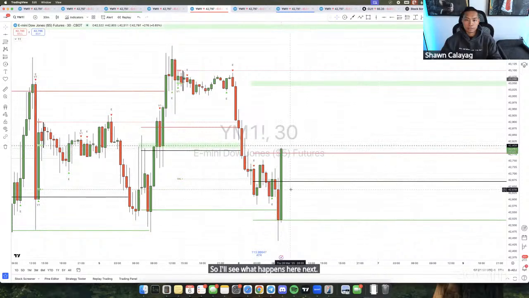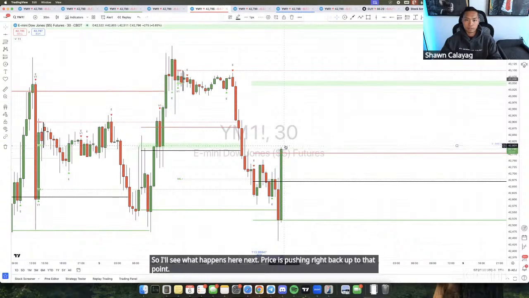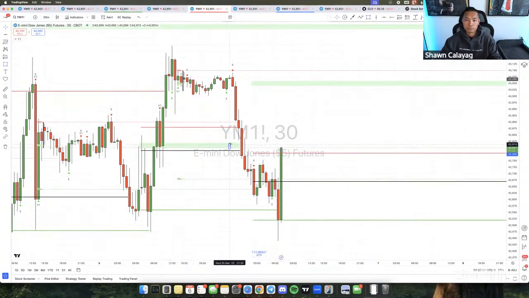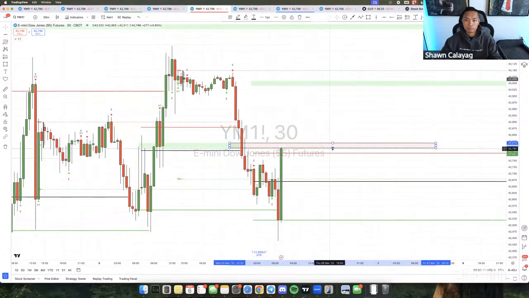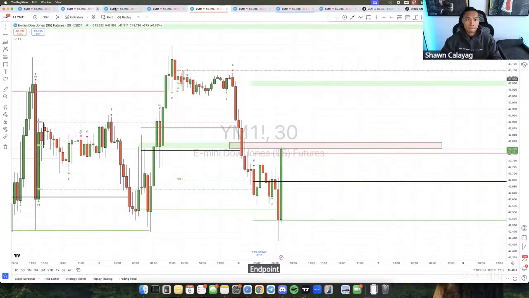Price is pushing right back up to that point right here, this black line. It's actually already in the point of control around that point.